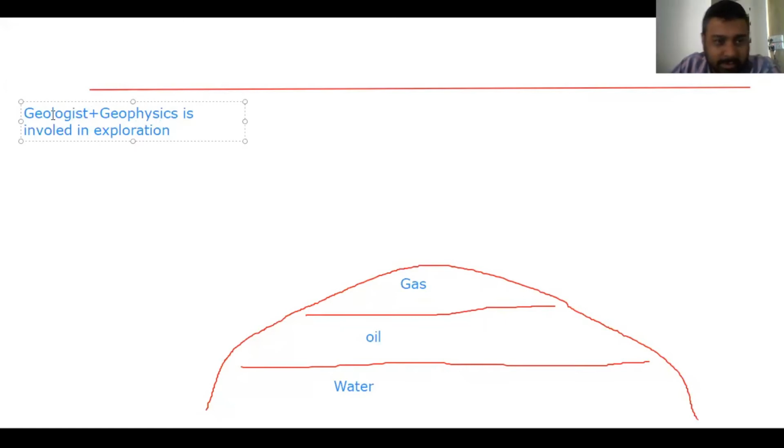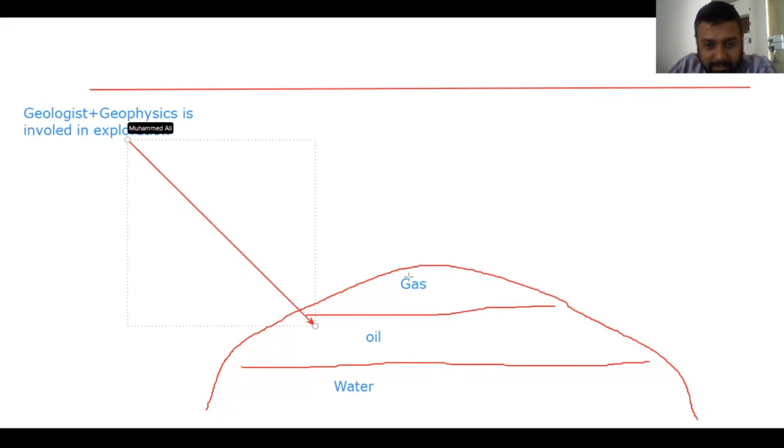These people, geologists and geophysicists, as I said, use dynamite, they do the bomb blast that generates the S and P waves, and using those waves, they try to detect the oil and gas. So this is the first discipline that we talk about.